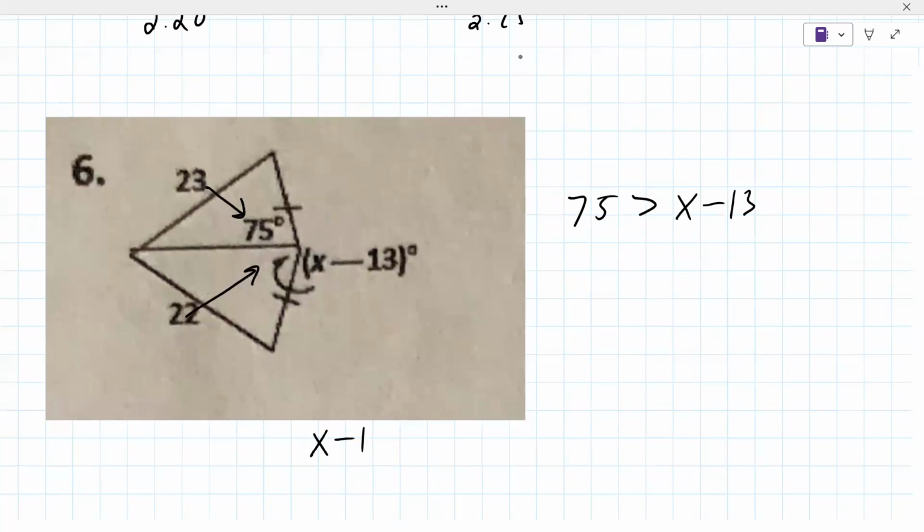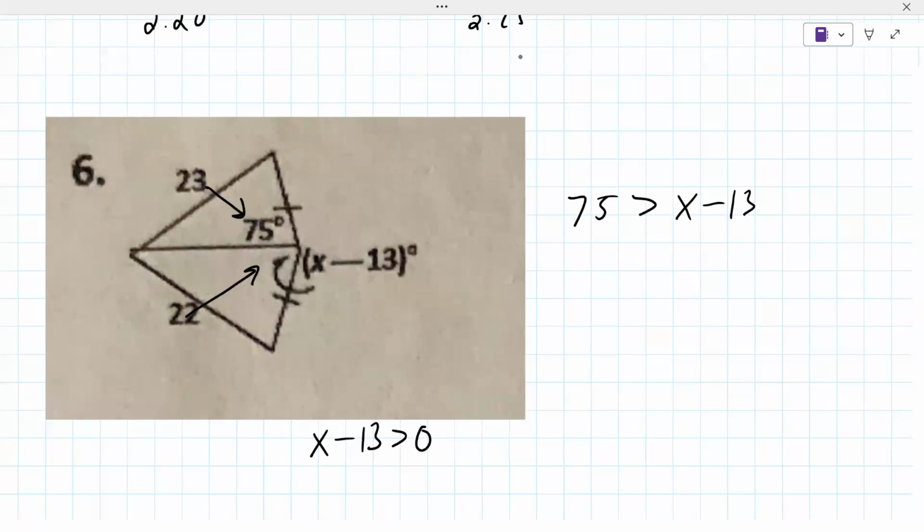And then you also have to say that x minus 13 is greater than 0. You could do it all together, but I'll leave that up to you. I'm not sure that you gain much from complicating it like that. 80 is greater than x.